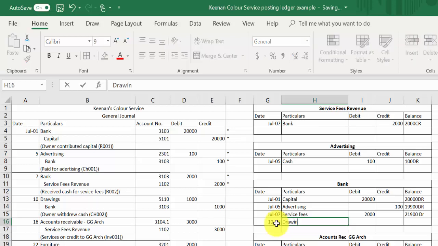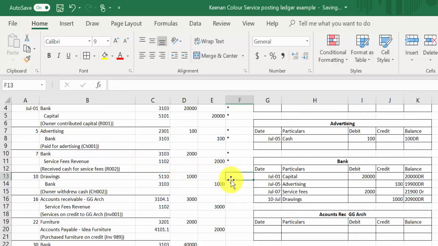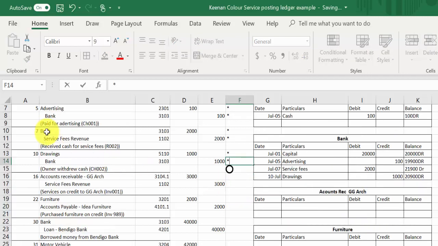So drawings, it's on the credit side, and I've got to adjust that, so that's now 20,900 in debit still. See how this credit has reduced that down to there. I've got to make sure that I have completed those by ticking those, and so on.